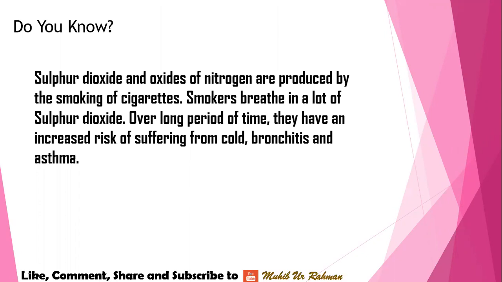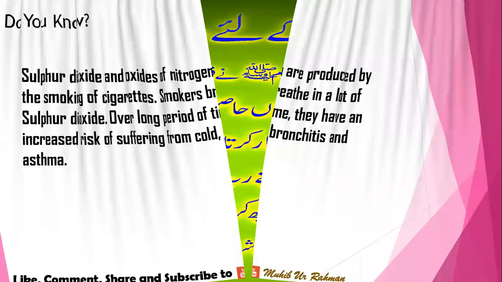These oxides and gases are very harmful for our health, and may damage our lungs and bronchioles, and different diseases like bronchitis, asthma, and lung cancer can be caused by these gases.